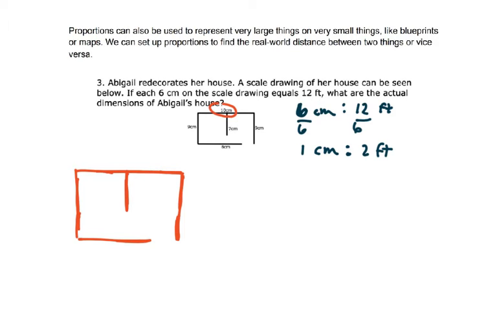So 10 times 2 is 20, and now it's in feet. 9 times 2 is 18 in feet. 7 times 2 is 14 feet. 8 times 2 is 16 feet. If this had not been 1 to 2, we would have to set up a proportion for every single one of these. But it's not one of those problems, so we actually are just able to double all the dimensions and change them to feet.